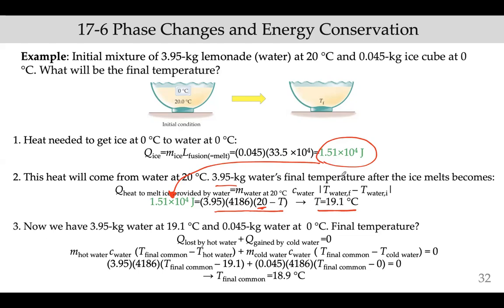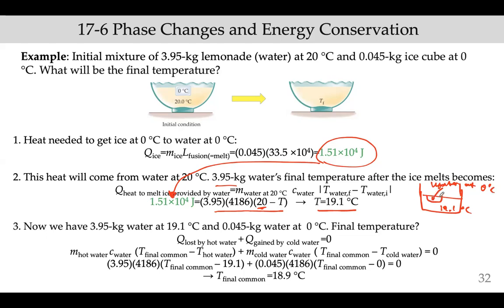Are we done? Not yet, because what we have now is water at 19.1 degrees Celsius, the lemonade. And we have the part that was ice, which melted, and that's water at 0 degrees Celsius.